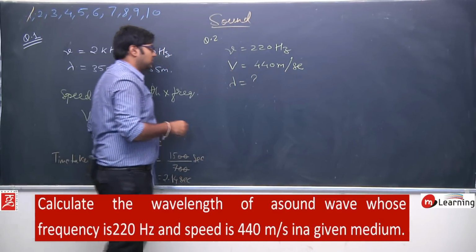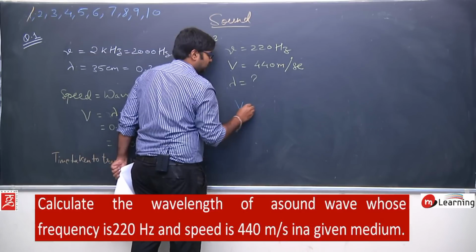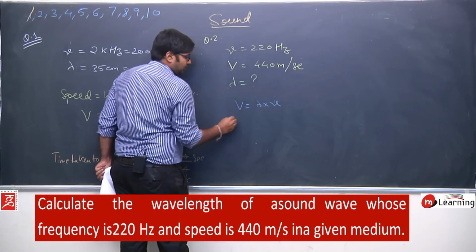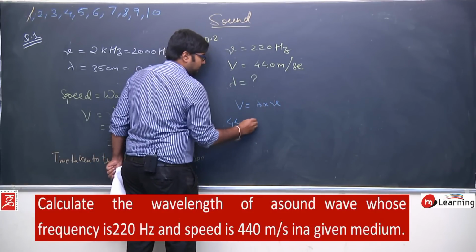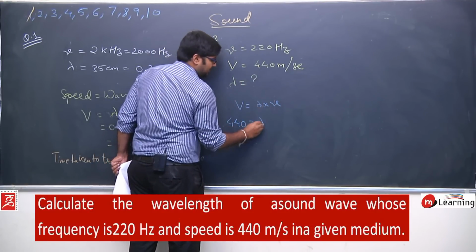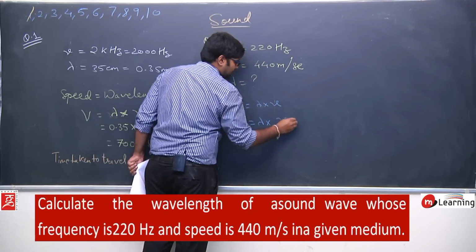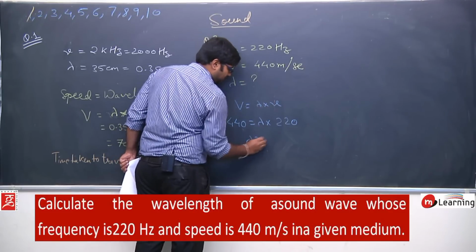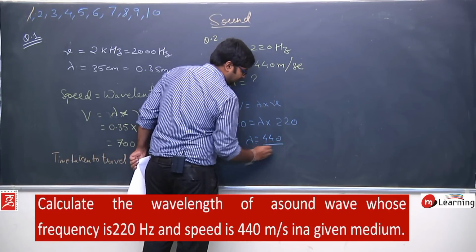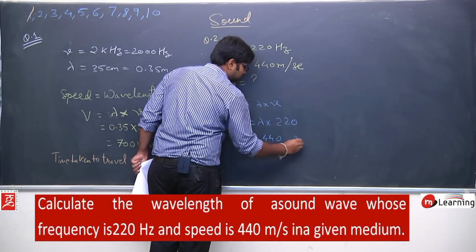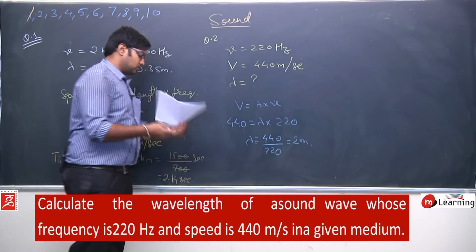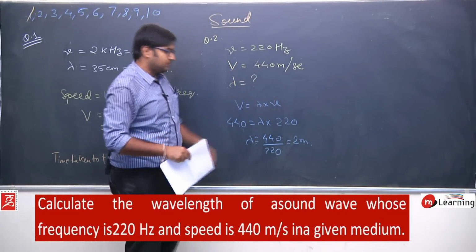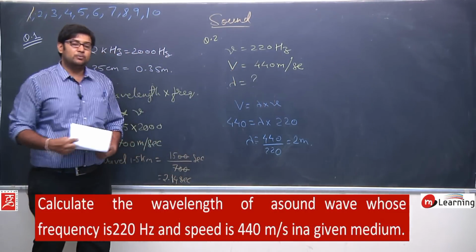Again we know the formula: velocity or the speed is equal to wavelength into frequency. Now velocity is 440, which is equal to wavelength, lambda, and frequency, 220. So we can divide this: lambda will become 440 divided by 220, that is 2 meters.